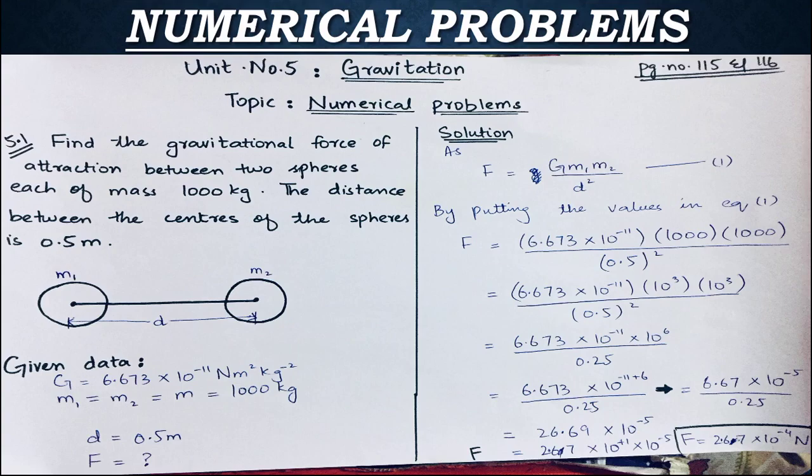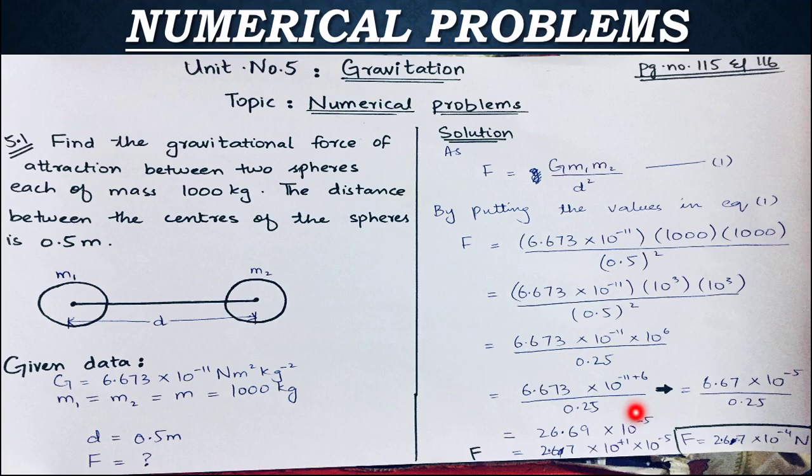So here you can see it's 26.69 and you want to move the point towards the left. So we will simply write it as 10 raised to the power plus 1. As we are moving the point 1 digit, that's why we are writing 10 raised to the power plus 1 multiplied by 10 raised to the power minus 5, which was written before.